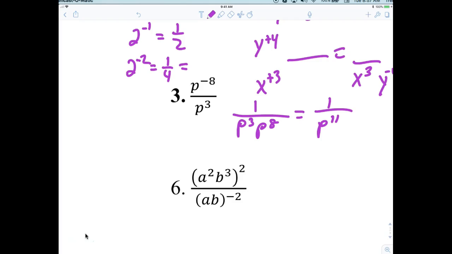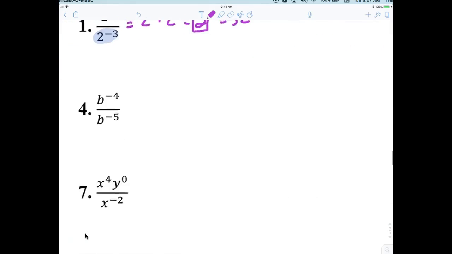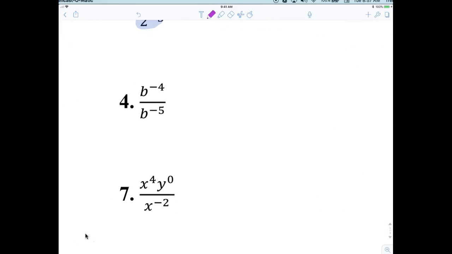All right? There's a 1 in the numerator. All right? So let's see how you're doing. Number 4. I just rewrite that as b to the 5th over b to the 4th, which is just, look how simple that is. Simple, simple, simple.